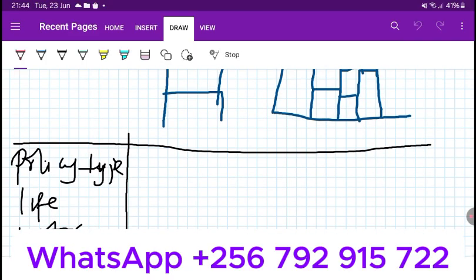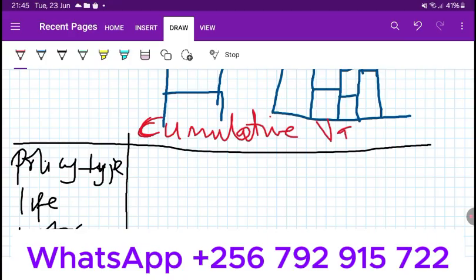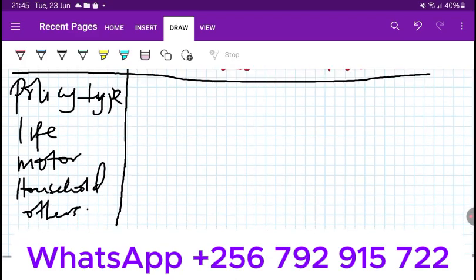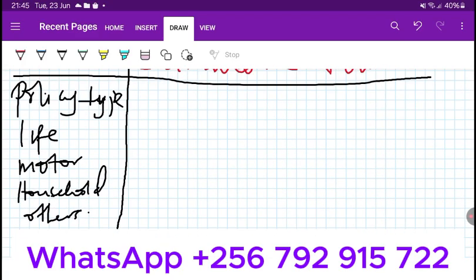We put up here cumulative values, then I will explain when we are done. We compute the cumulative values for all the years, using the table that was given in the question.